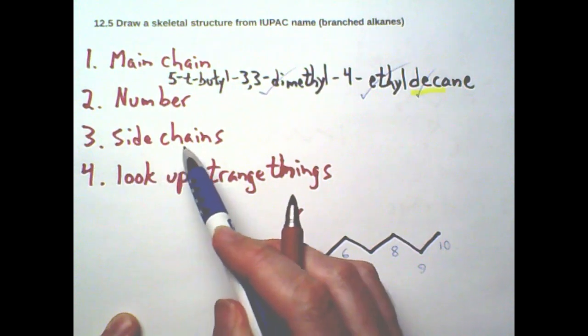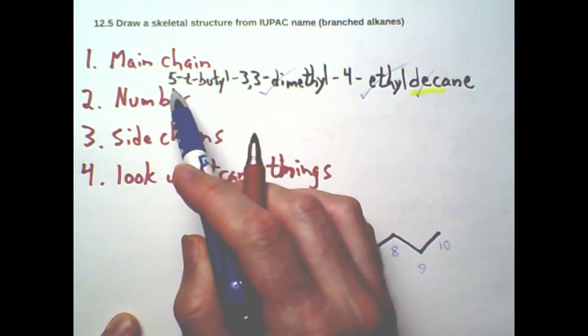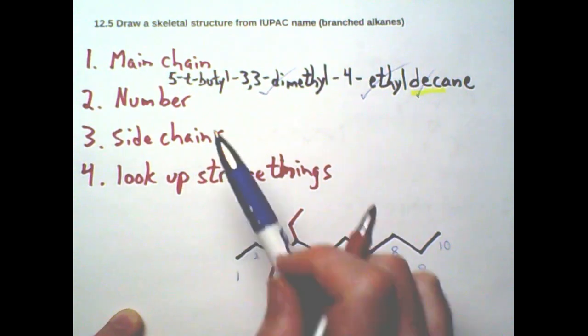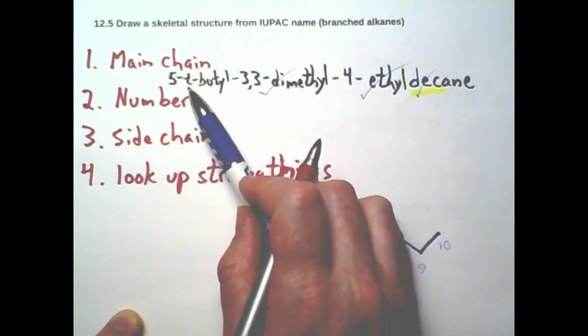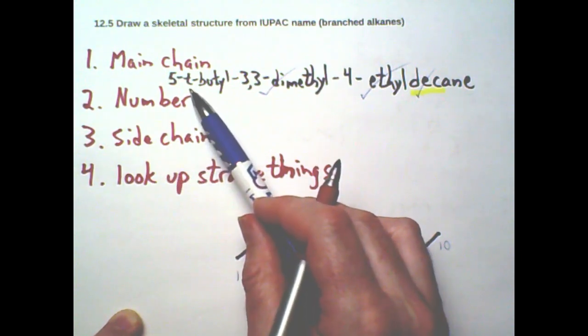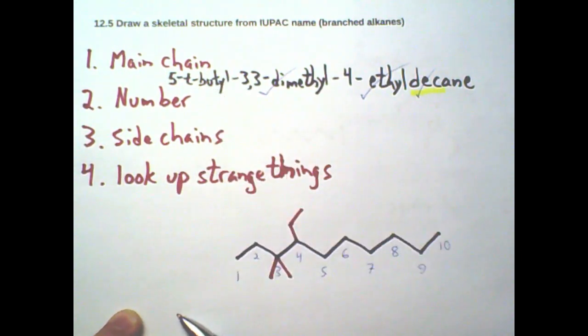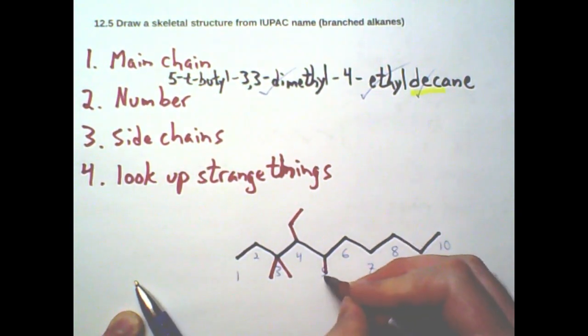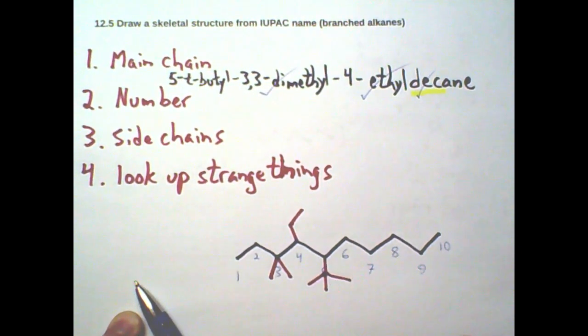So I've started putting on my side chains, but I've got a strange one. 5-tert-butyl. I'm not having you memorize all these things like iso and tert that tell you something about the butyl group. The butyl tells me it's got 4 carbons, but tert-butyl tells me, if I look that up, I'll find that one of them is in the middle and the other 3 are around as methyl groups.